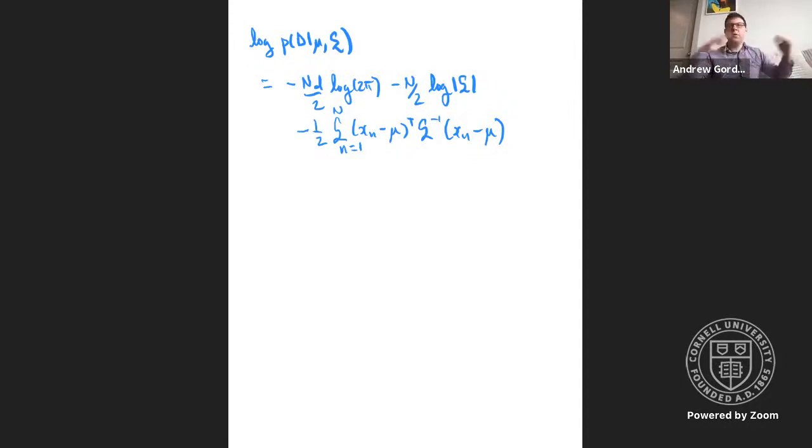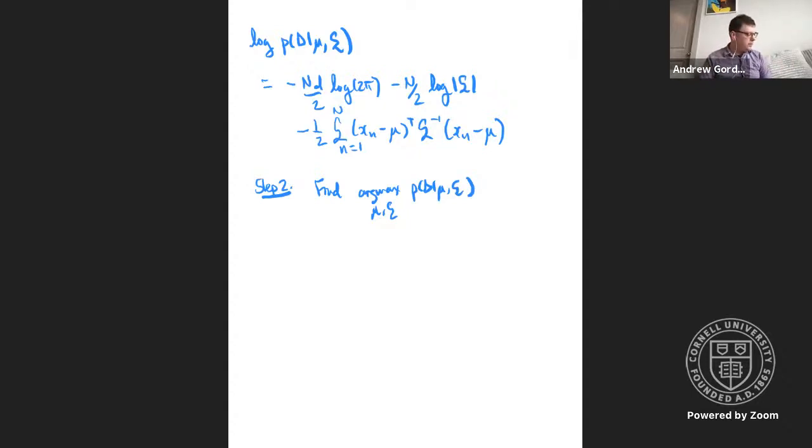We just have a bunch of points. We assume they're drawn from a single Gaussian. We can use that assumption to create our likelihood. What is the probability of observing all of these points given the parameters we're trying to estimate? And then if we're doing maximum likelihood, all we do is find the argmax over mu and sigma of P(D given mu and sigma). All right, so we can take derivatives and so on and set them equal to 0.